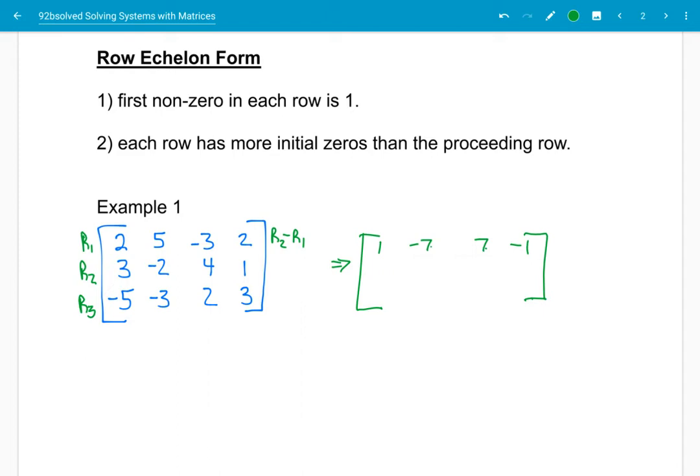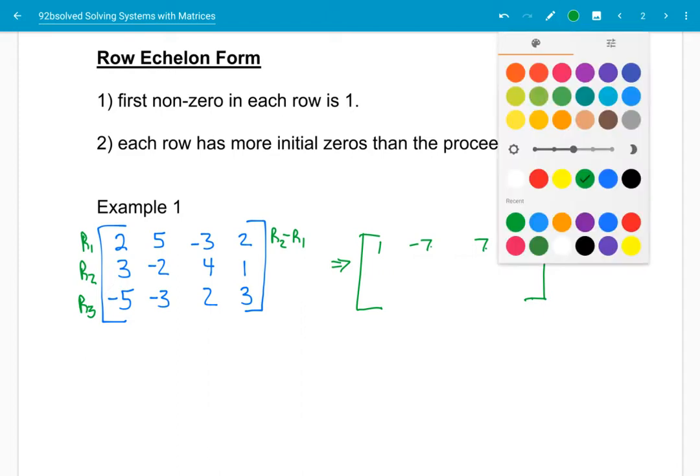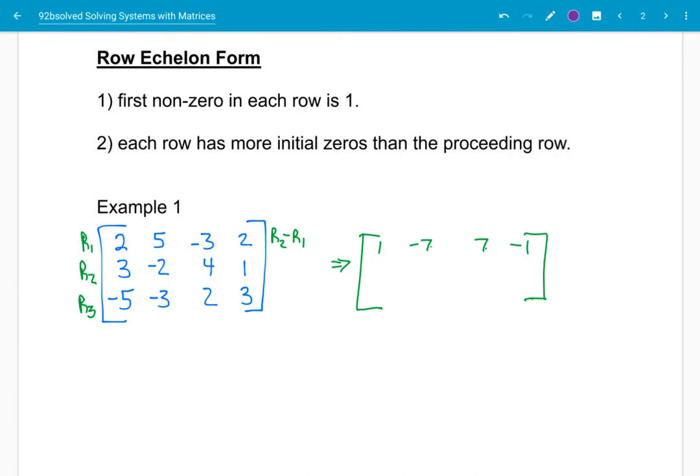I could do this, and I'll use a different color. I could take two row twos and subtract three row ones. I'm still just using row one and row two, but I'm doing a different combination, so it's allowed. I won't get the same equation when I do that.